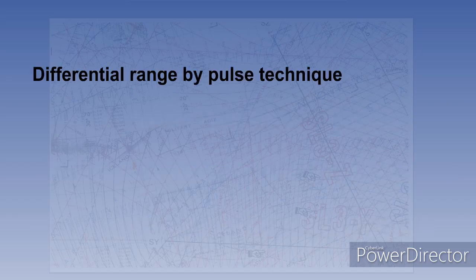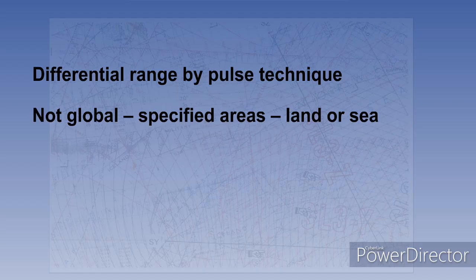In this lesson, we have seen that LORAN works on the principle of differential range by pulse technique. The system is not global. It may be used over specified areas where a chain of transmitters still exists. These may be over land or sea.